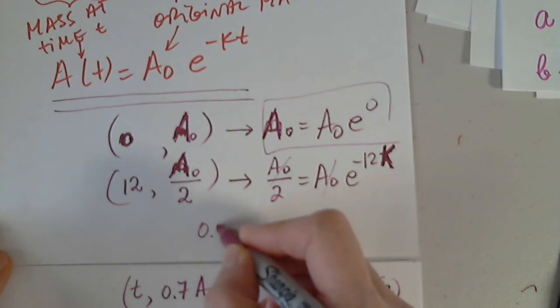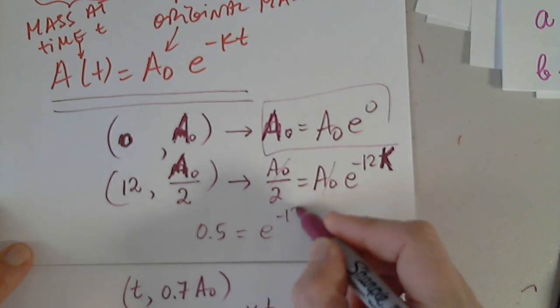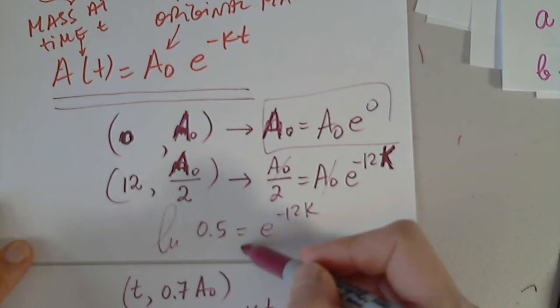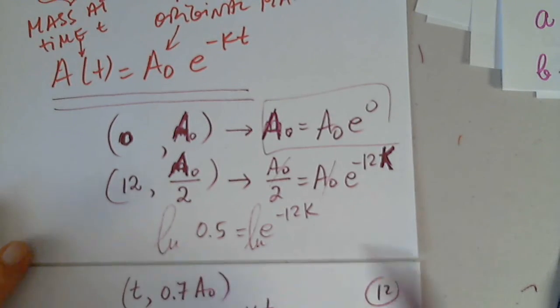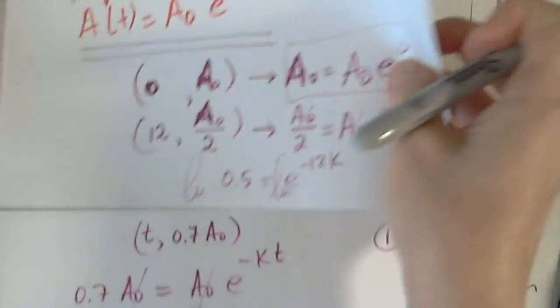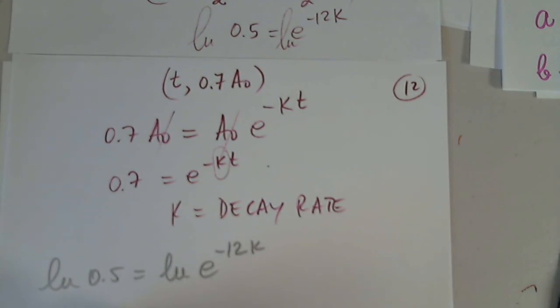So the left-hand side is 0.5. The right-hand side is e to negative 12k. I will apply natural log to both sides to get k. And then I'll come back to my equation. So I'm going to write it here. Natural log of 0.5 equals natural log of e to negative 12k. The left-hand side cannot be changed.